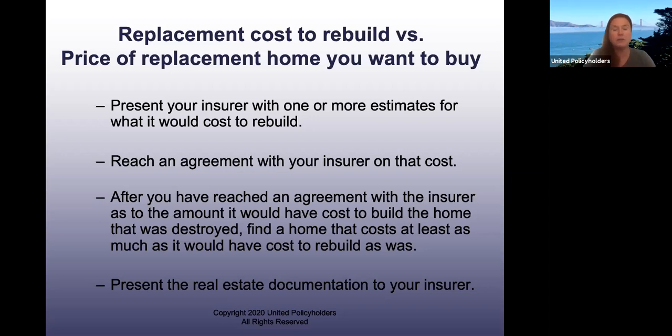We dealt with a gentleman down in Southern California, the Woolsey fire, a terrible story, who had a $2.5 million policy, insured for $2.5 million. House burns down, he finds another house, and they decide they're going to do a land value deduction.